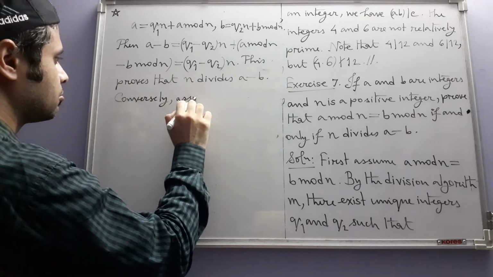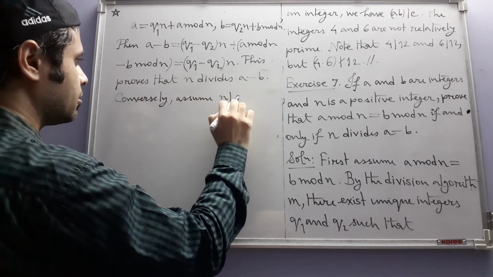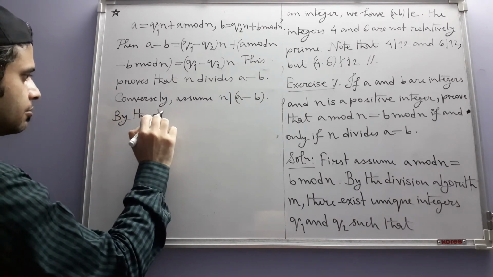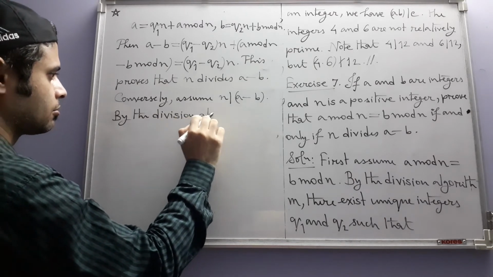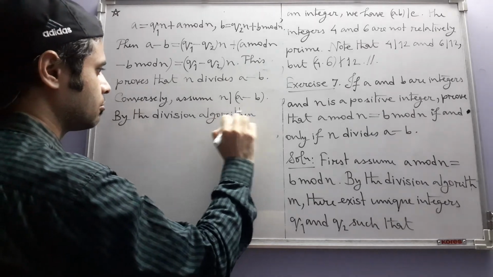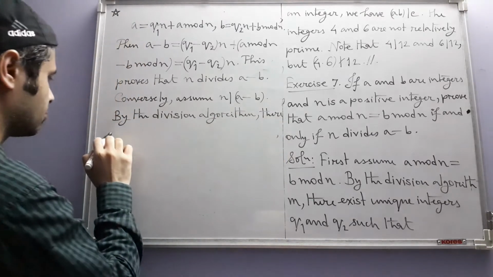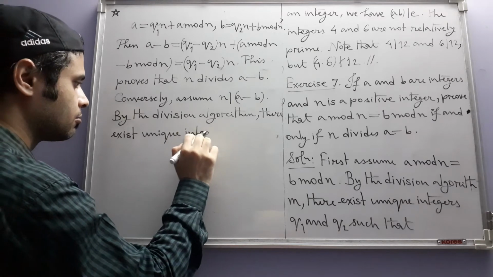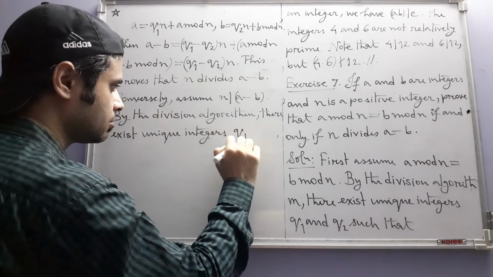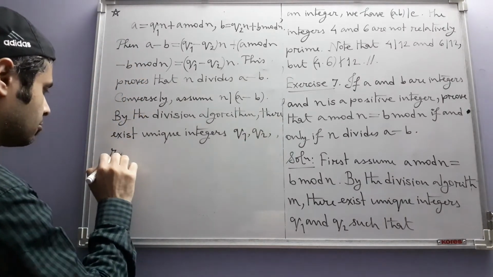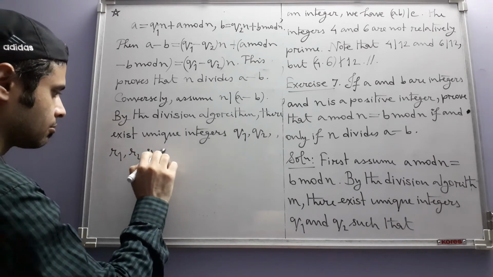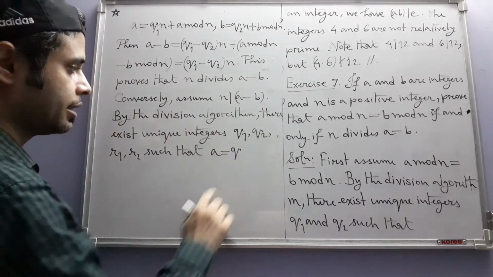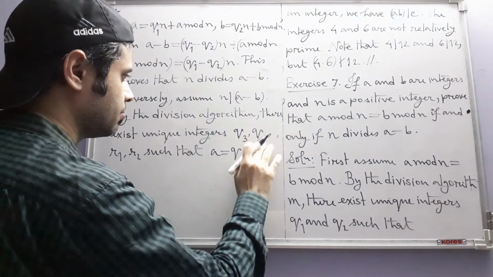Conversely, assume that n divides A minus B. Again, by the division algorithm, there exist unique integers q1, q2, r1, r2 such that A is equal to, we have again taken care, let us take q3 and q4.